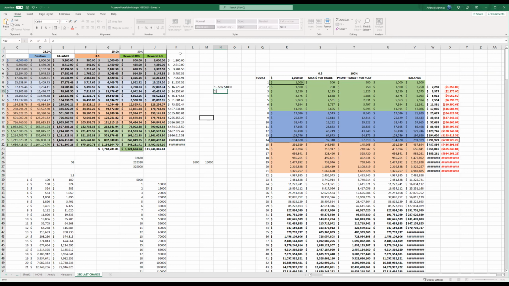Number two, the amount per play is gonna be 50% per play.